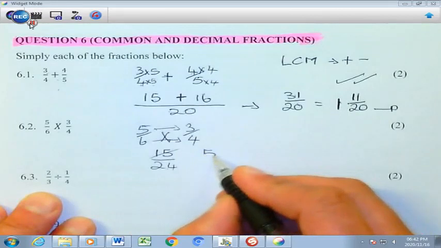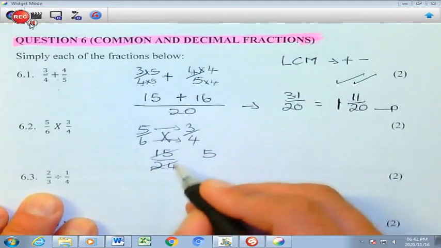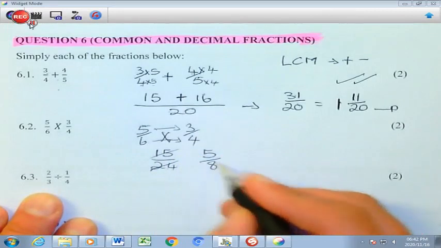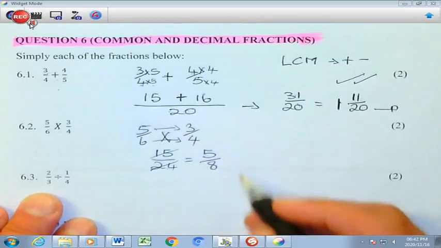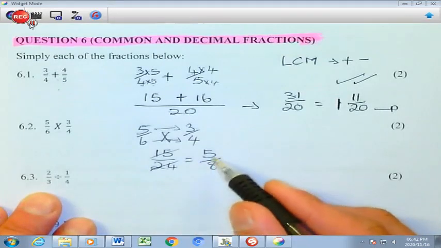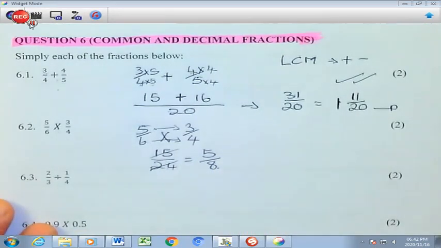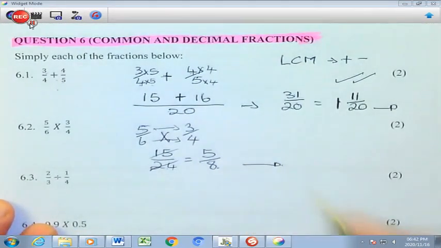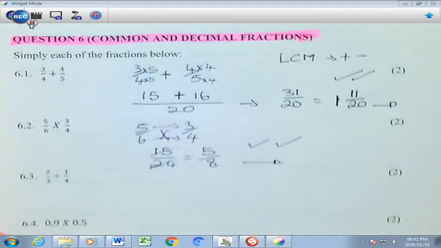That's going to give me 5. 3 goes into 15 5 times. 3 goes into 24 8 times. Can I simplify it any further? No, I can't. There's nothing that goes into 5 and 8 at the same time without a remainder. So 5 over 8 would then be my answer. 2 marks there. Alright, let's go to the next one.